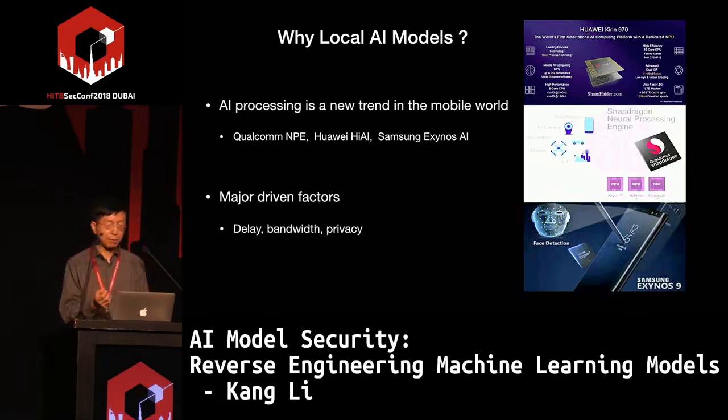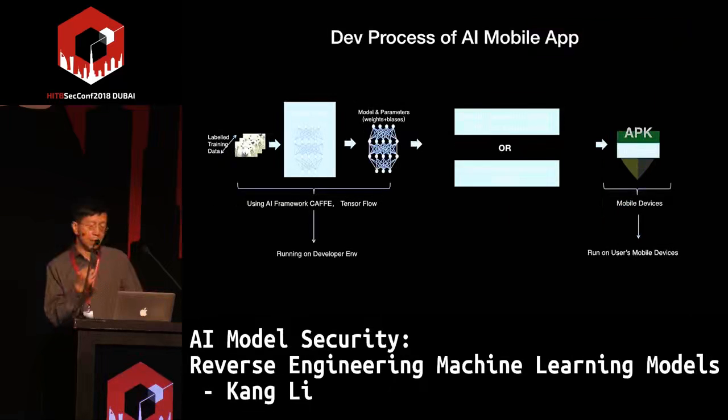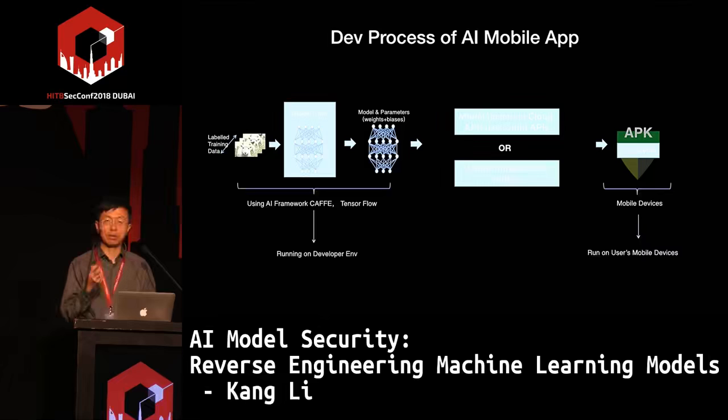So as a result, if you ever developed an AI application, the development process actually changes. I'm ignoring all the other logic and application-dependent process. In the training process, when you use the framework, you have some data, you label it, you train it, then you get this model file.